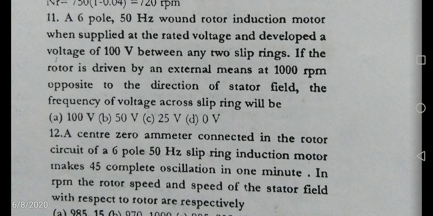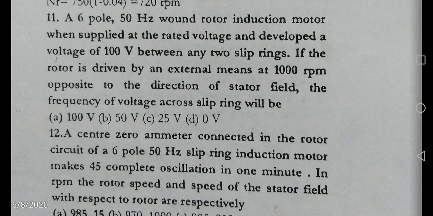If it is not driven by an external source, if NS and NR values are the same, then voltage is 0. So it is important that the rotor is driven by some external source.